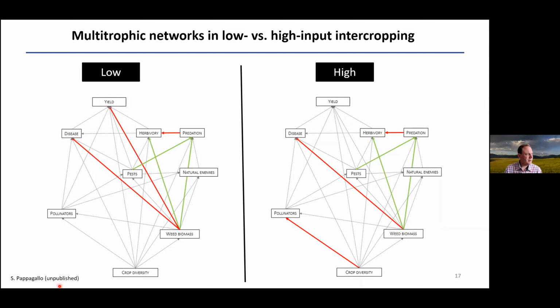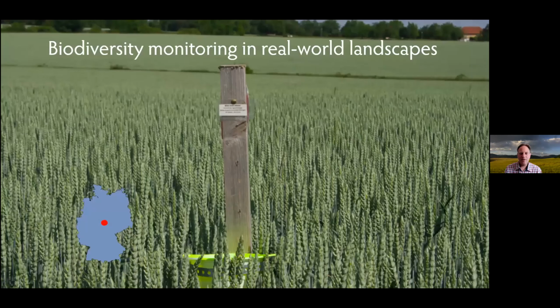Okay, briefly, I would like to show you something about landscape scale experiments. This is biodiversity monitoring in real world landscapes. And we are currently doing that in Lower Saxony, and we did it also before in the framework of another study.